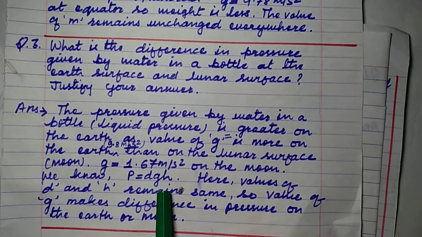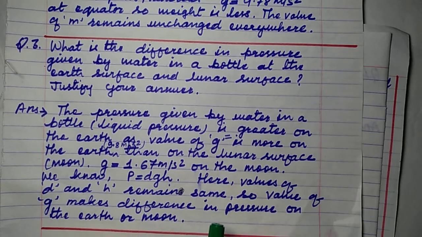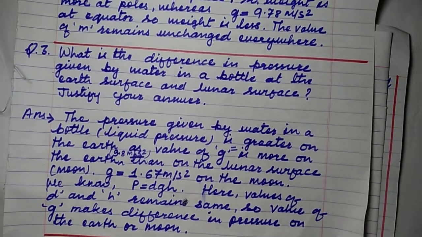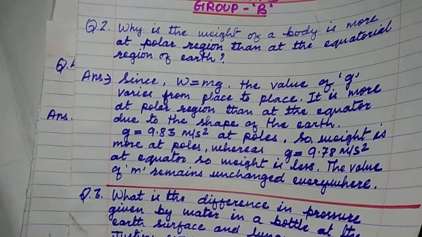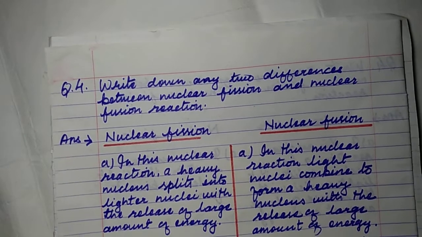Density and the height of the liquid column do not change, so the value of g makes the difference in pressure on the earth and on the moon surface. That is why liquid pressure is more on the surface of the earth, whereas liquid pressure is less on the surface of the moon.